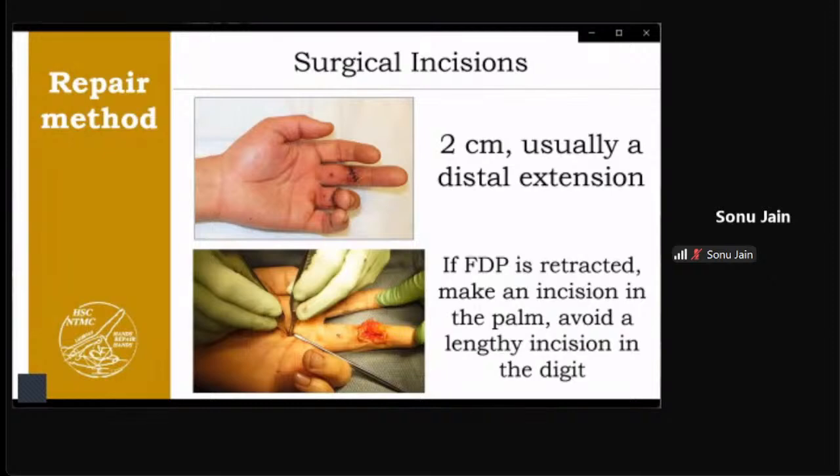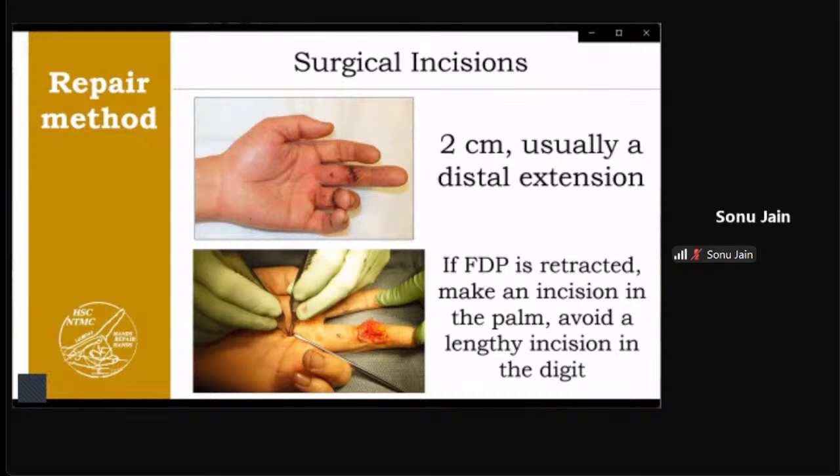In finding the proximal end, sometimes you find the FDP tendon retracted far proximally. You cannot find it in such a small incision. In that case, we always make a separate proximal incision in the palm. Then you find the FDP tendon on the FDS, and use 2 forceps to push the tendon distally.